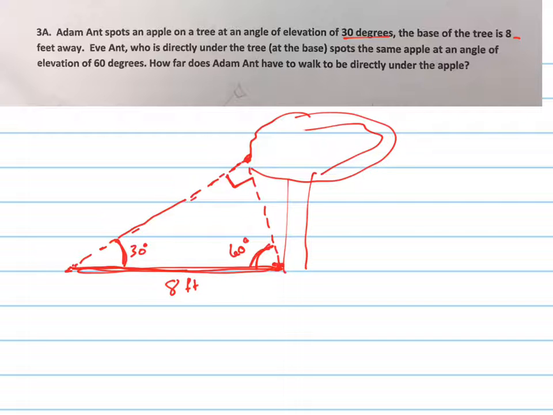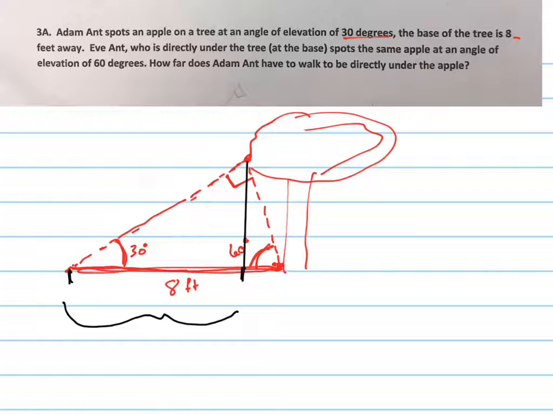It says, how far does he have to walk to be directly under the apple? So what they want to know is this distance right here. How far does he need to walk to be under the apple? That's this distance, from there to there.